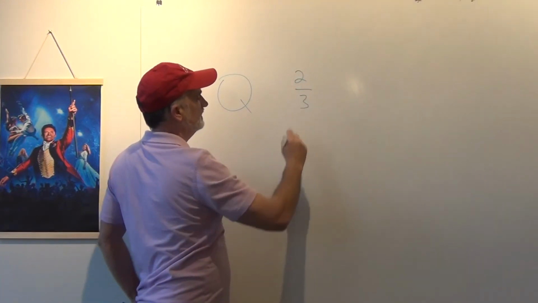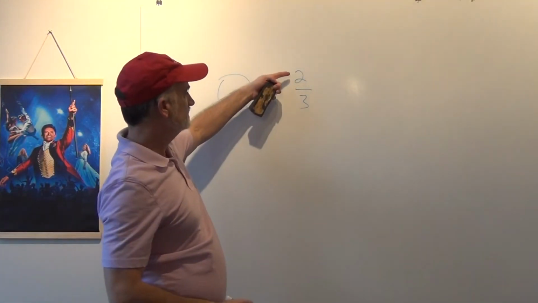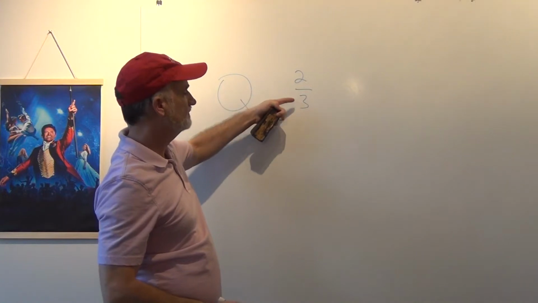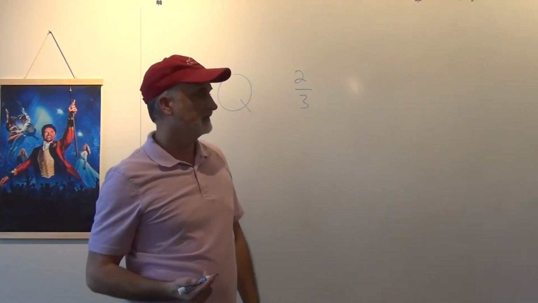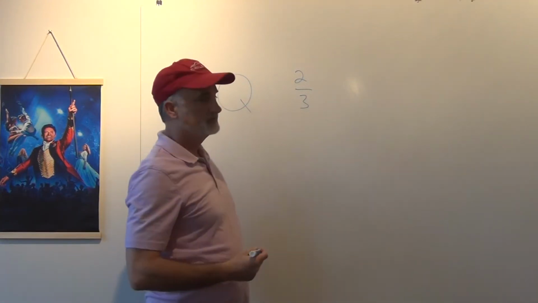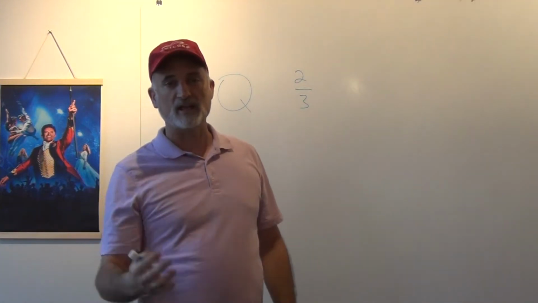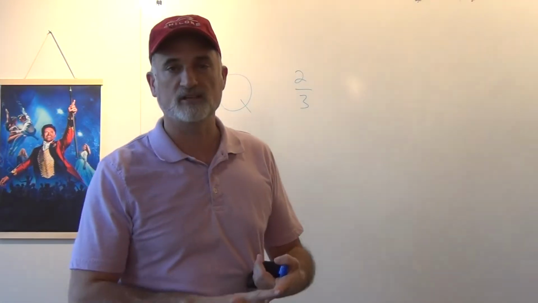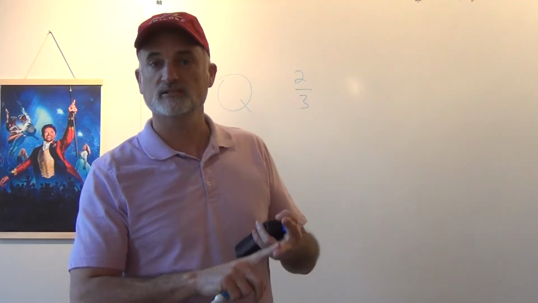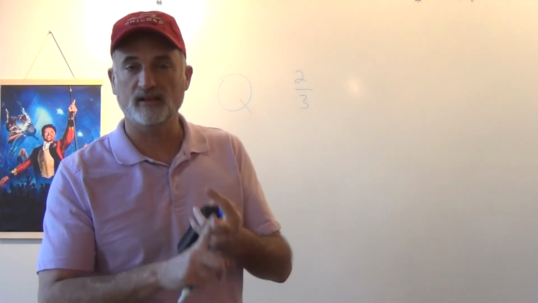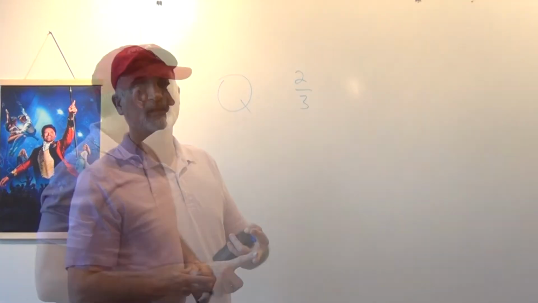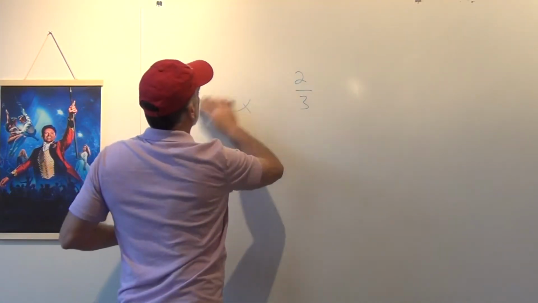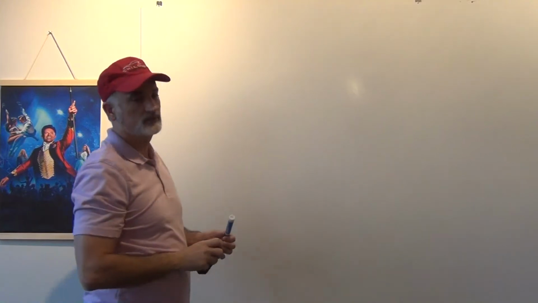Well, it's simply a fraction that basically says 2 can be divided by 3. Okay? So anytime there is a rational number, it's going to be depicted as a fraction or a decimal that has a definite ending.